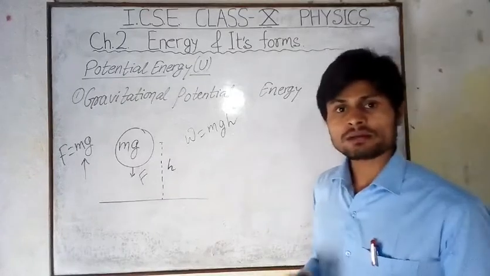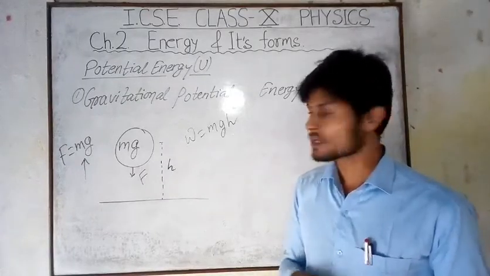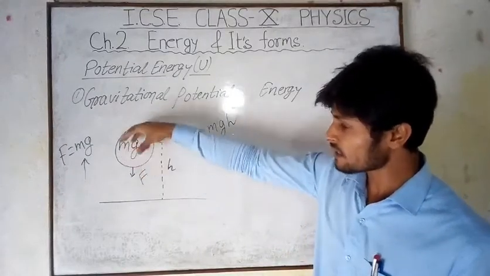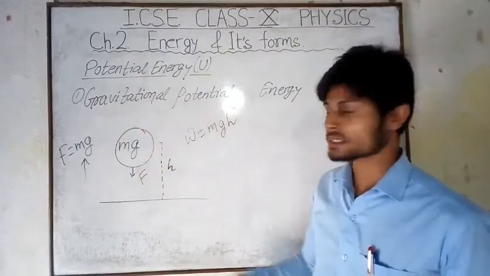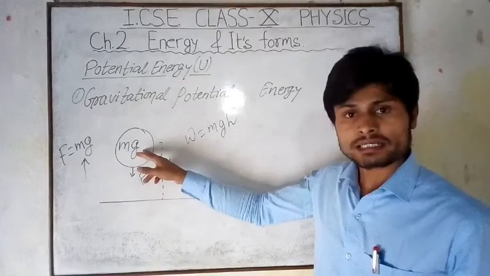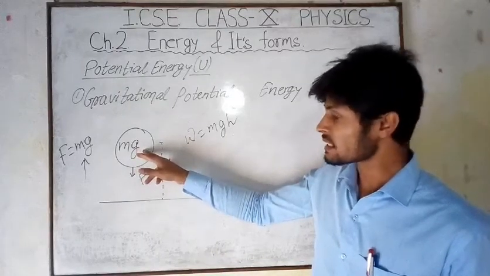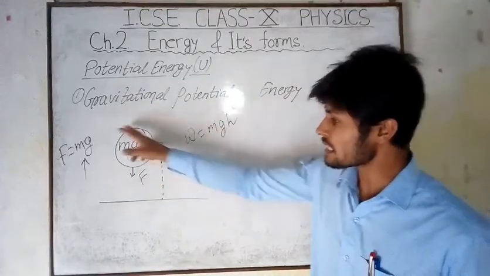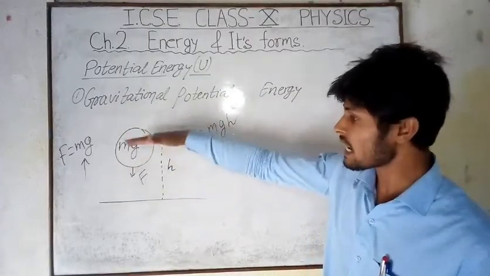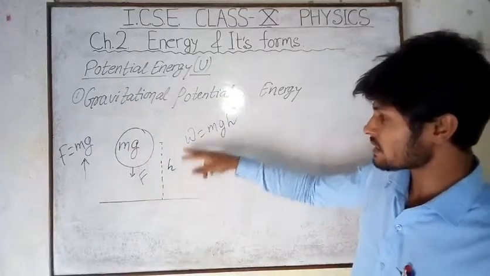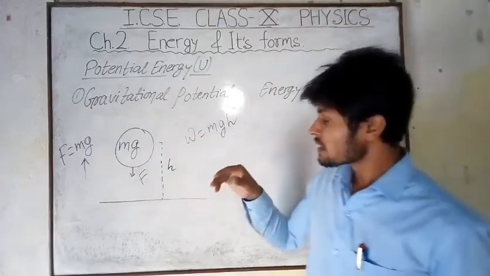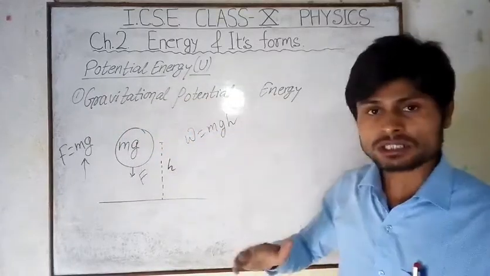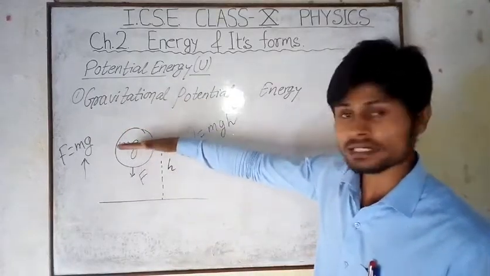As you all know, whenever work is done on an object, there is a transfer of energy. That means this object gains some energy. This energy is stored as gravitational potential energy in this object at this height from the surface. Now to maintain its gravitational potential energy constant, we have to maintain the object at a certain height.